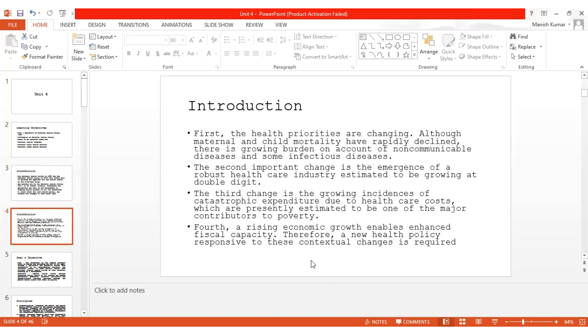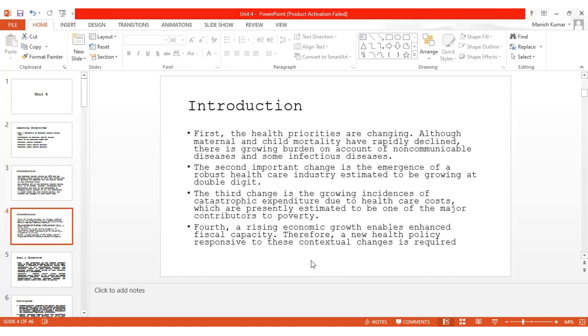It does not mean that we don't have any communicable disease. Communicable diseases are there, and new epidemics will be coming. But we have seen an upsurge in cases of non-communicable diseases also, be it diabetes, hypertension, or cardiac problems. So we have seen a shift in the epidemiology of the diseases, and accordingly the health priorities have been changing.